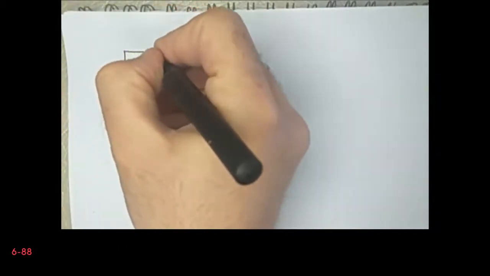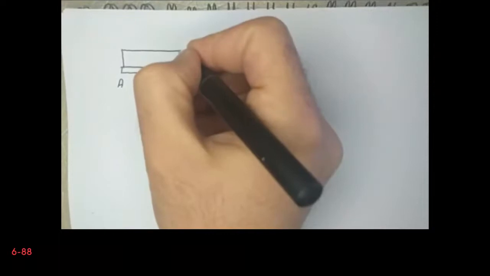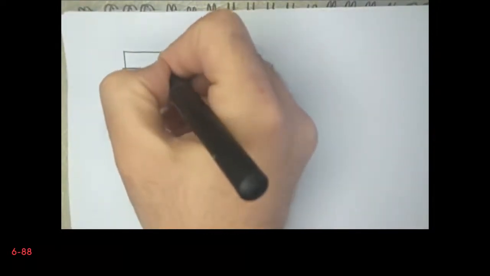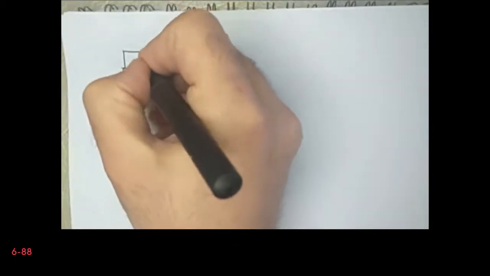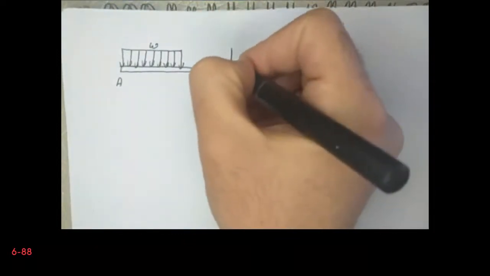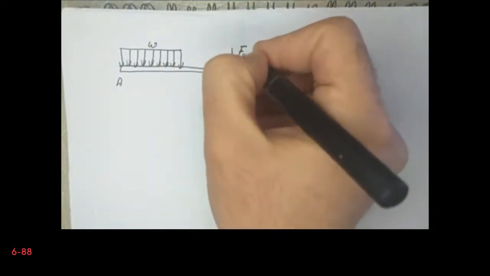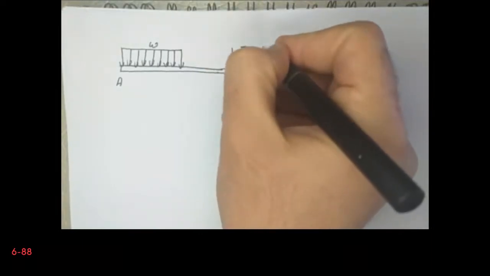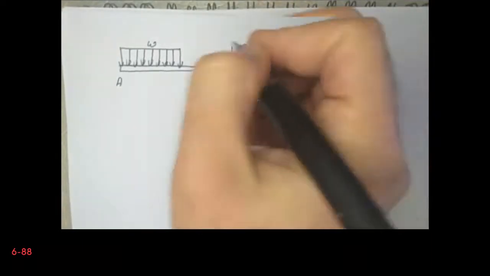We have a distributed load with a magnitude of W, and then we have a point load here. Let's say that this is F1. It has a magnitude of 6 kilonewtons and W is equal to 15 kilonewtons per meter.